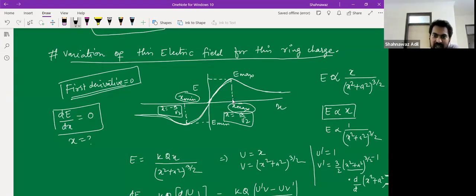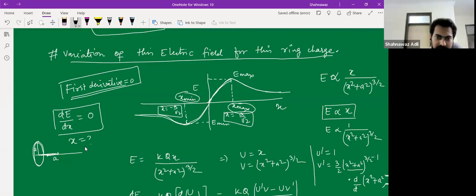So you can see that this is the ring charge, and this was the radius of that ring charge. So this distance is less than this a value, right? So this is less than this value. Understood, guys? Yes, sir.